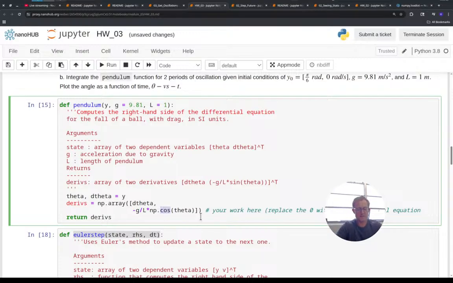So let's change this to sine theta so that the acceleration is proportional to the sine of theta, not the cosine. Because if I say it's a cosine, then really what I'm saying is that theta equals 0 is up at that 90-degree mark, like on the x-axis. But I want to say the y-axis is theta equals 0.